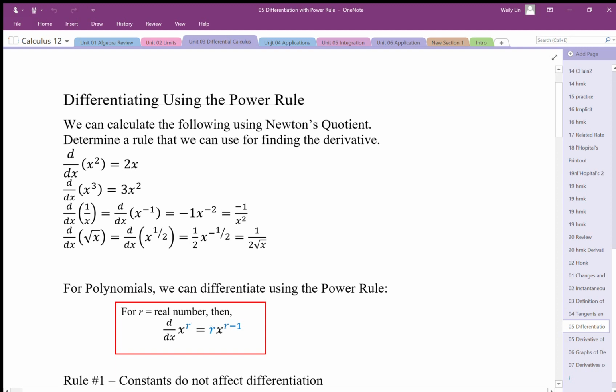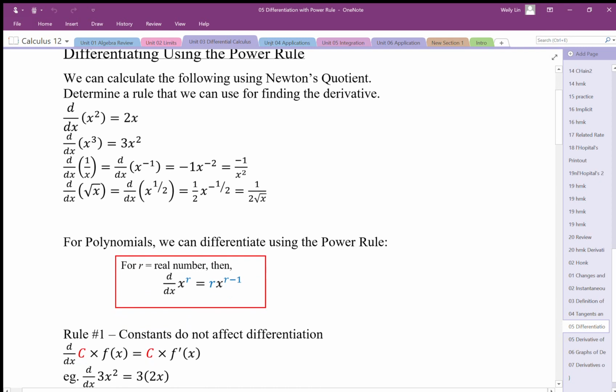And this doesn't just work for whole numbers or integers. You can see it doesn't work just for fractions. It works for every real number. So it doesn't matter, and this is really hard to justify, but it doesn't matter what the power is.